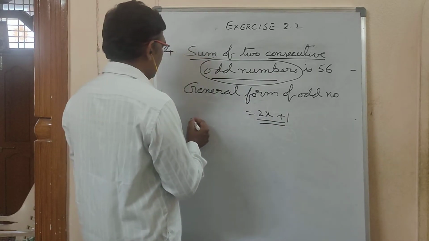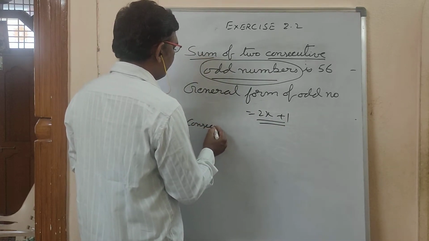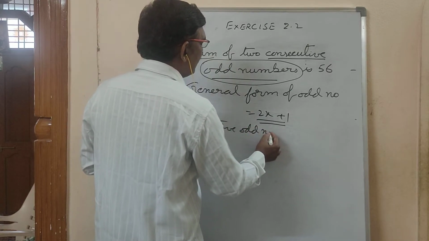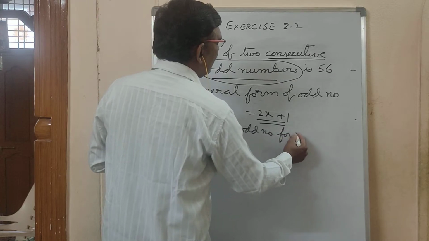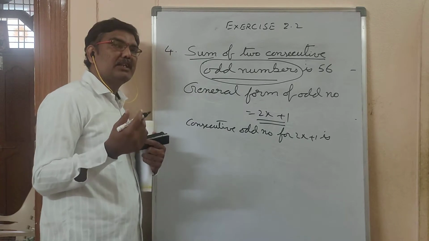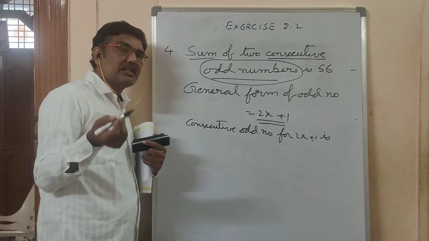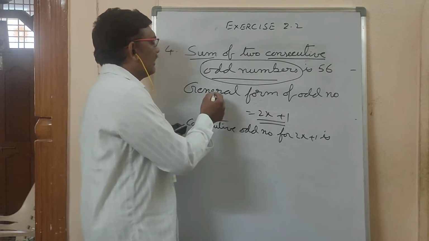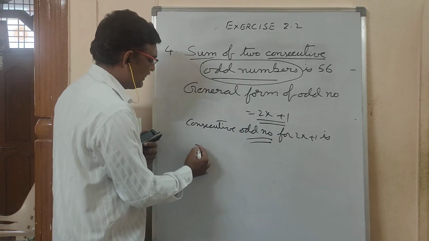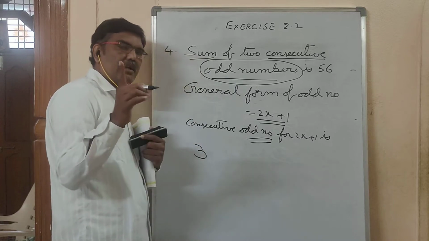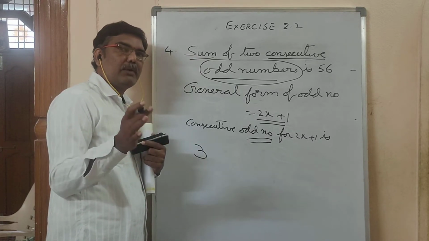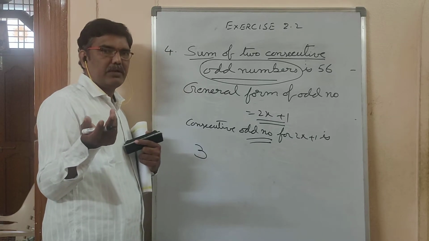Now, the consecutive odd number for 2x plus 1. See, consecutive means what I said? Next number. But here, a consecutive odd number I want. Now, listen perfectly, 3 is one odd number. After 3, 4 will come, but 4 is not an odd number. Very good.